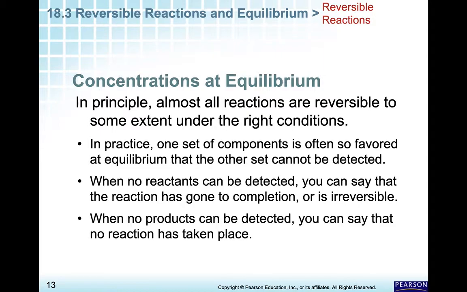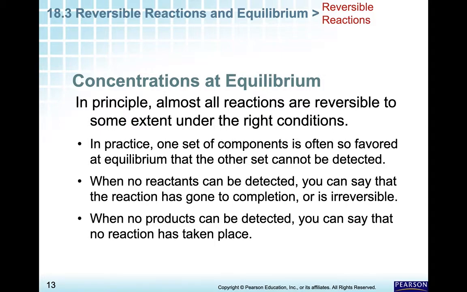Now, in theory, pretty much any reaction can be reversible under the right conditions. In practice, one set of components is typically so favored at equilibrium that the other set can't be detected. So we would consider this to be an irreversible reaction.